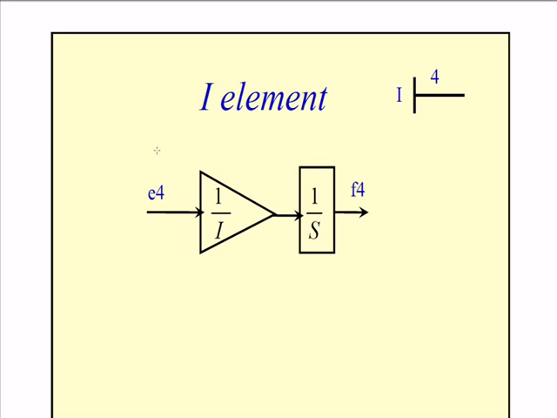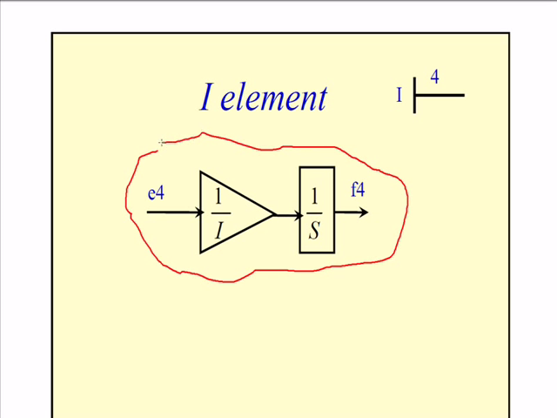So I suggest that you take a look at this block diagram that you're seeing here and reflect on your own how that is equivalent to this. See? Now, how in the world do I read this? What I would say is, this flow is coming out of the I element.